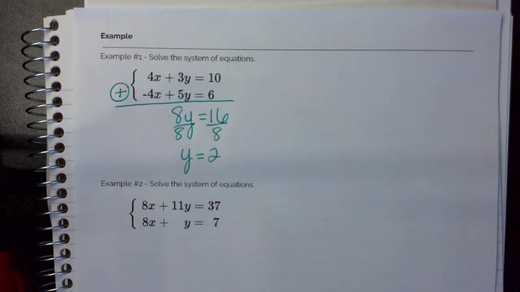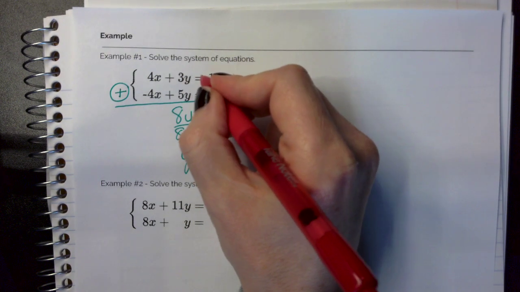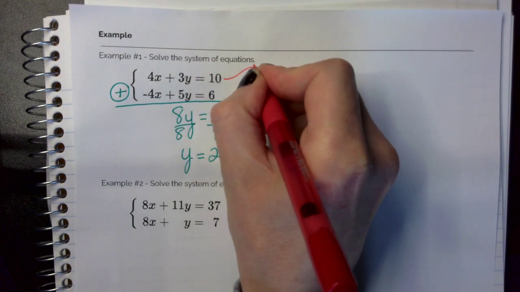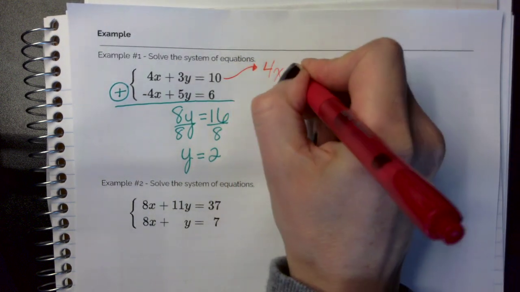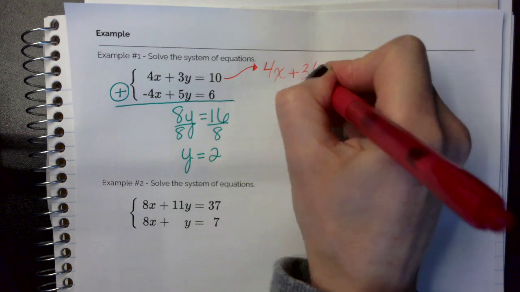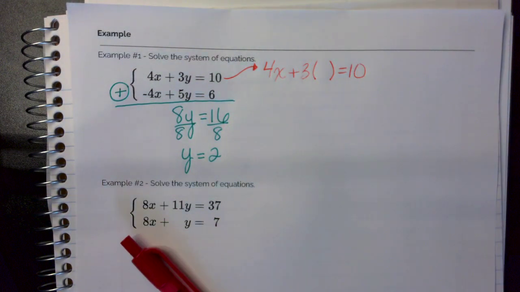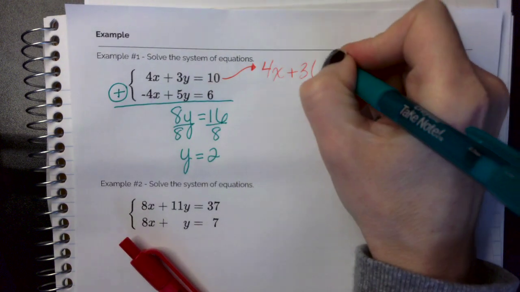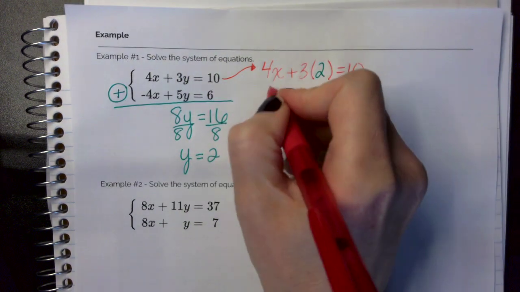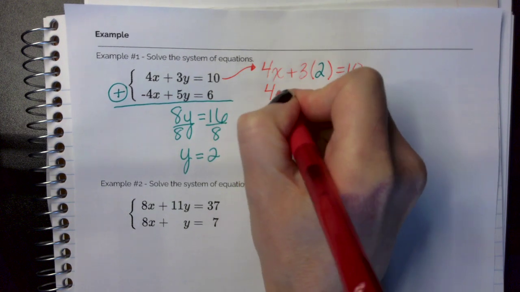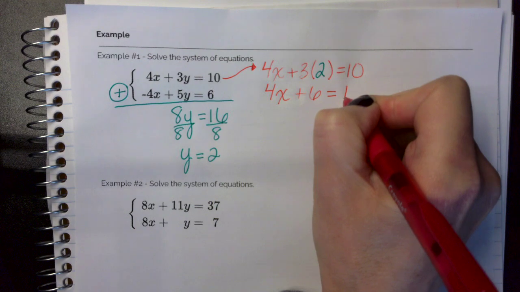So now we're going to pick one of the original equations. I like to start with the easier one. For me, it looks like the top one because there's no negatives in it. So we have 4x plus 3 times y equals 10, and we have a value for y, so I'm going to plug that in and then solve. 4x plus 6 equals 10.